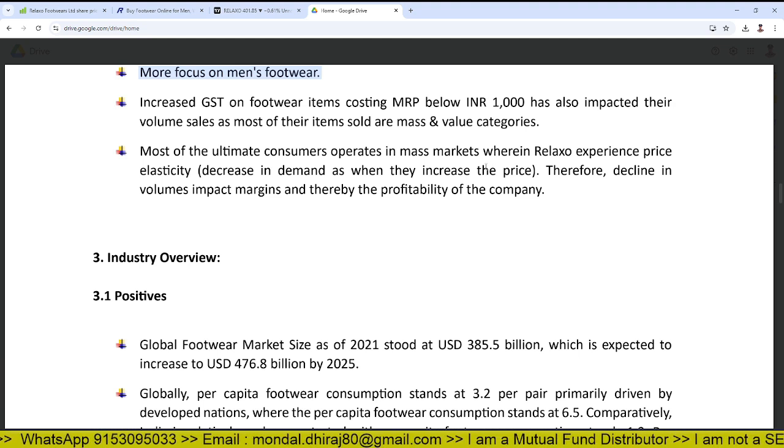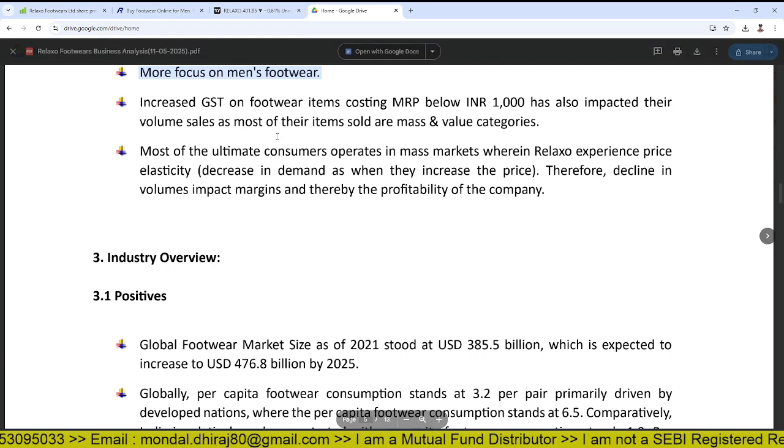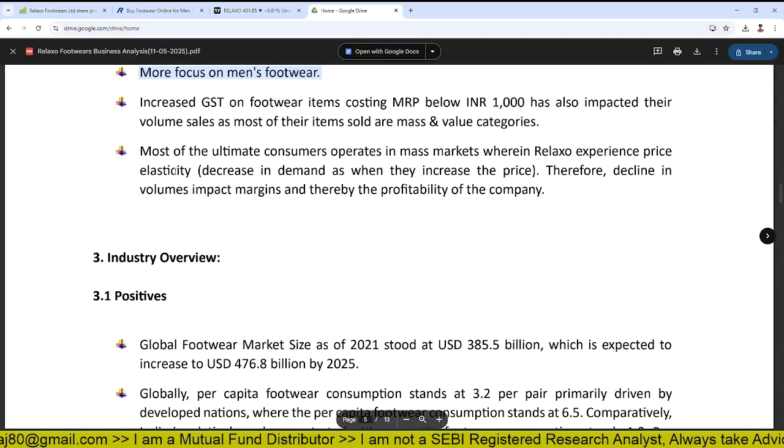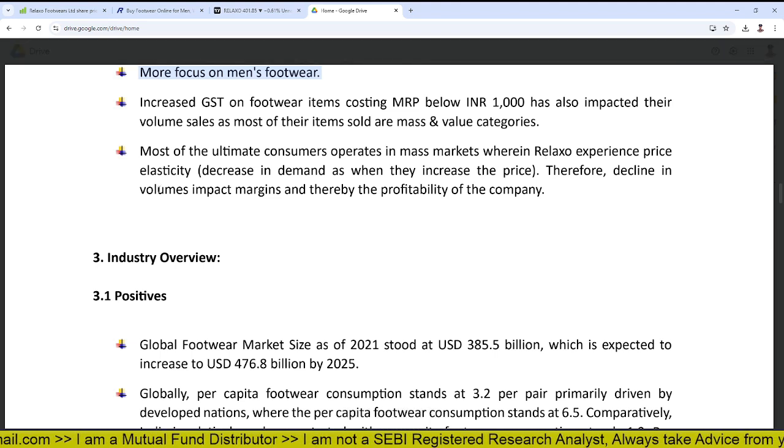As a result the company's margin was also decreased. Most of the ultimate consumers operate in the mass market, wherein Relaxo experiences price elasticity, therefore decline in volume impacts margin and thereby the profitability of the company.